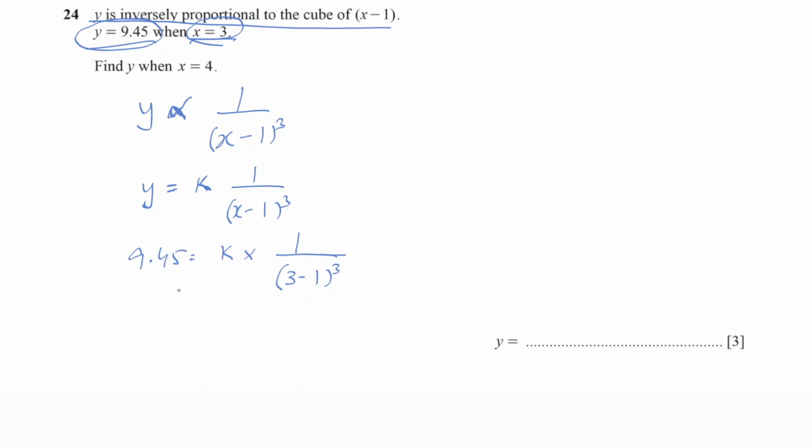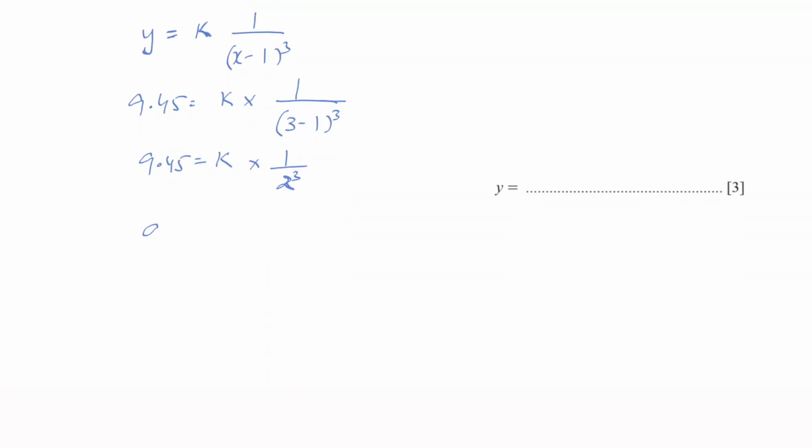So we can write 9.45 equals k into (1/3 minus 2) cube. 2 cube is 8. So k will be equal to 9.45 times 8.